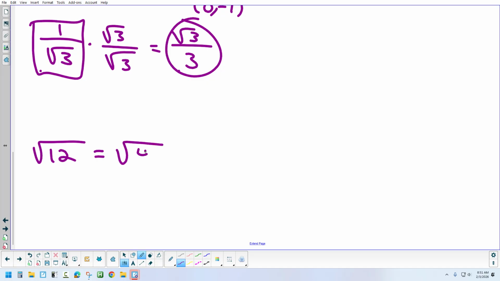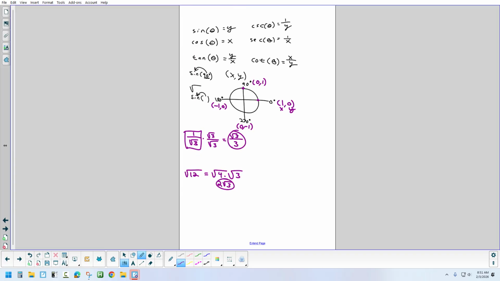So we break it up like that. 6 times 2 wouldn't be a good way to do it, because you can't take the square root of 6 and 2 and get an answer without decimals. But square root of 4 you can. There you go. So the square root of 12 is 2 square roots of 3. Okay, so that pretty much reviews everything that we learned yesterday, minus doing all the examples again.